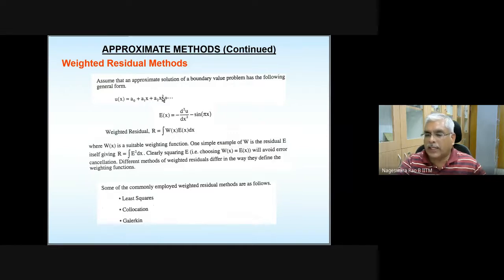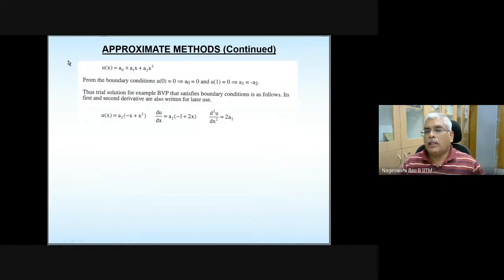We'll start with that. If you want to repeat this problem using a cubic trial solution, you can add A3x cube. If you want to repeat it with a quartic trial solution, you can add A3x cube plus A4x power 4.